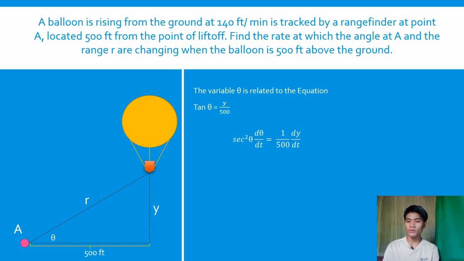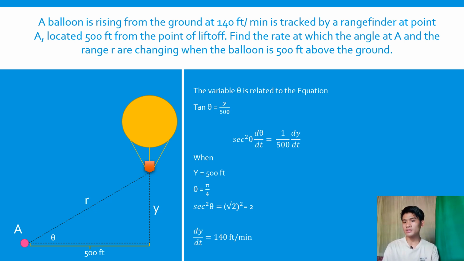is equal to 1 all over 500 times the rate of change of y with respect to time. So when y is 500 feet, theta is pi over 4, and secant squared theta is the square root of 2 squared, which is equal to 2, and dy over dt is 140 feet per minute since it is already given.